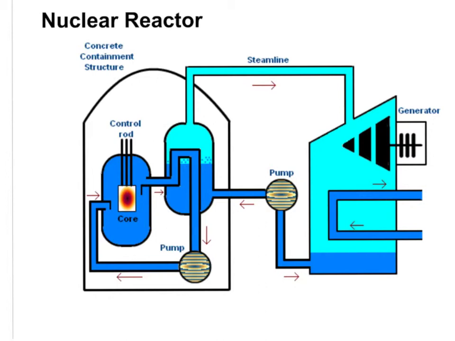So because of the tremendous energy involved, fission has been developed as an energy source to produce electricity. We have reactors here where controlled fission can occur, and the resulting energy from that is used to heat water.